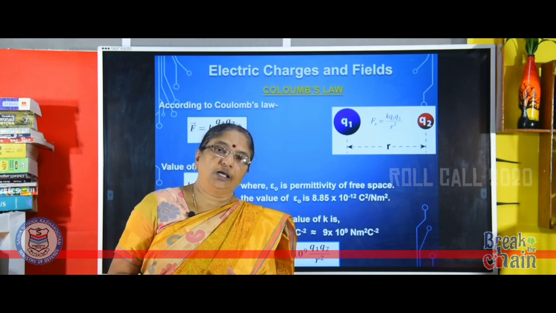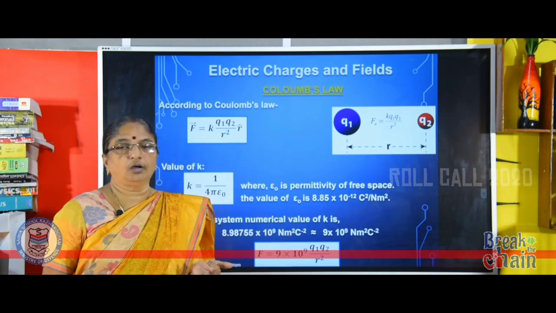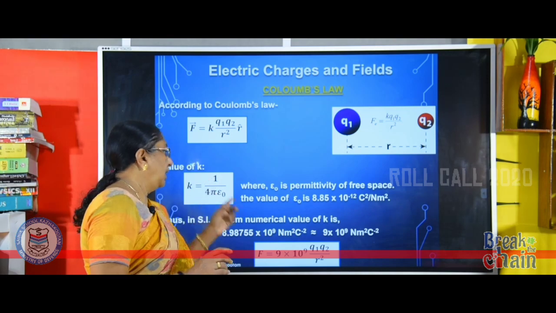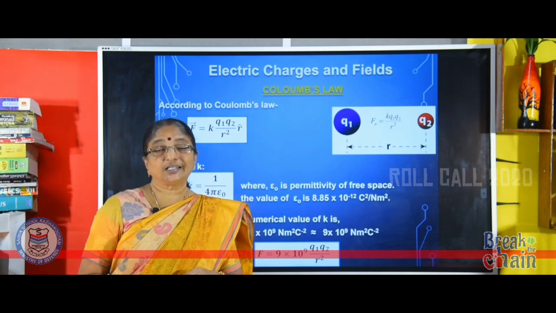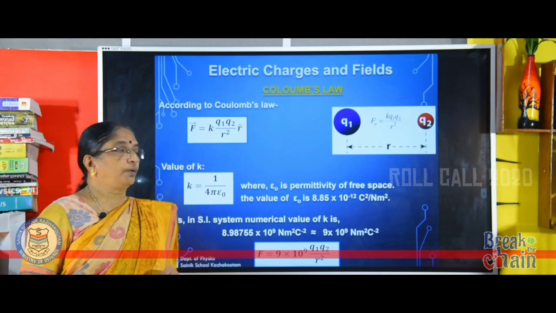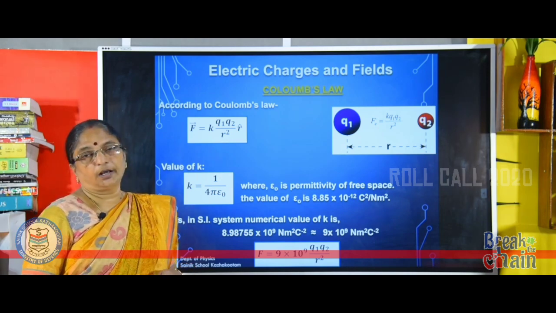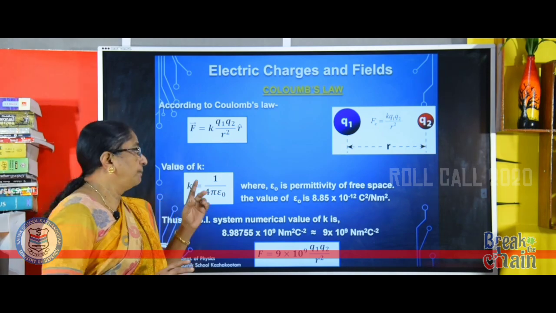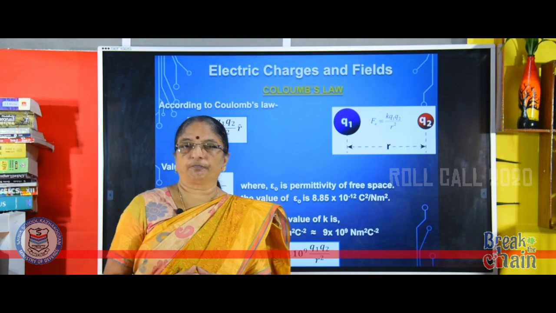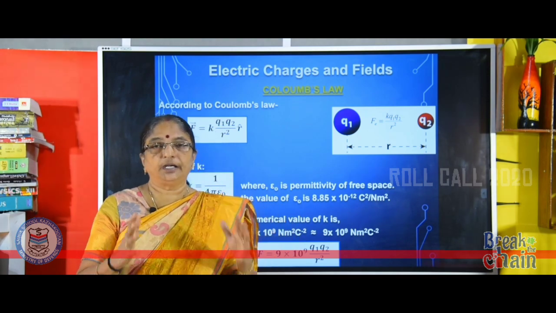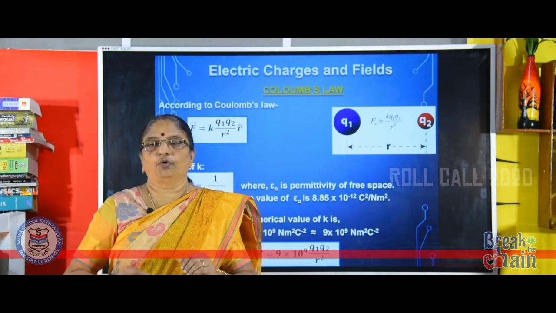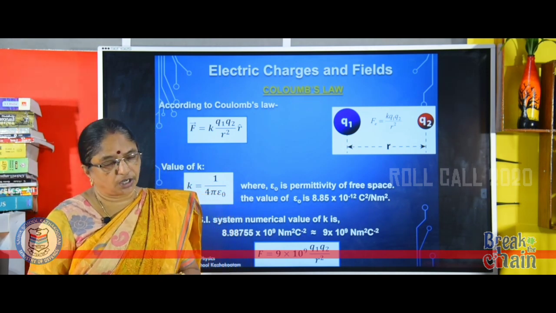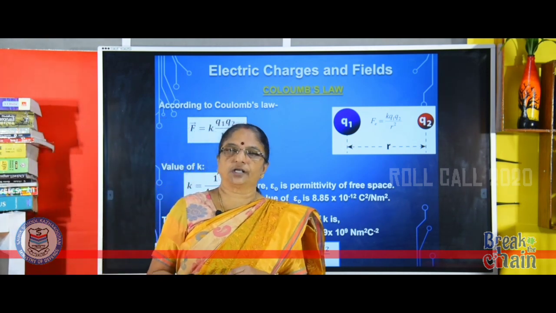which is named as electrostatic force constant or Coulomb's law constant, and the value of K is 1 by 4 pi epsilon 0, where epsilon 0 is known as permittivity of free space. That means how that medium is permitting the force between the two charges. I will give a simple example.